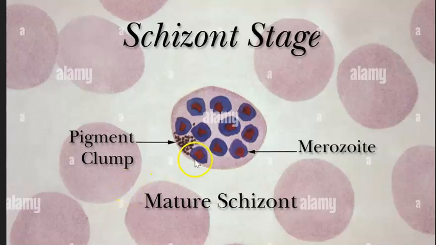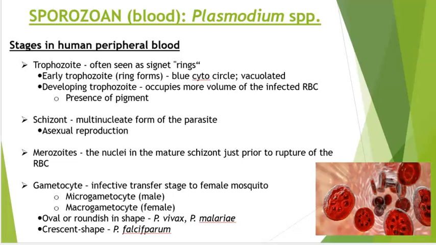Something to note before we leave this image, we're going to discuss what a merozoite is next. This little red dot inside each one of the forms of the parasite is the merozoite. So the merozoite is the nuclei in the mature schizont just prior to the rupture of the red blood cell.